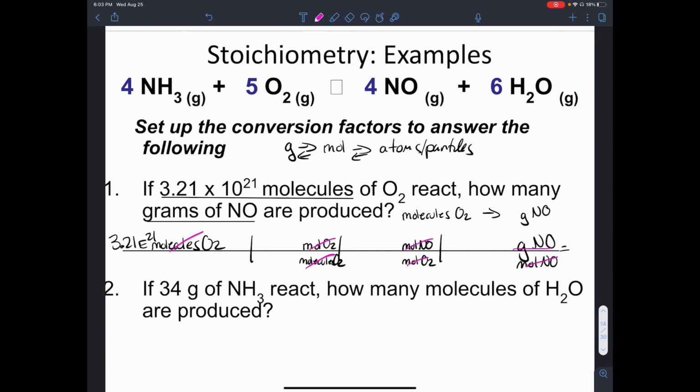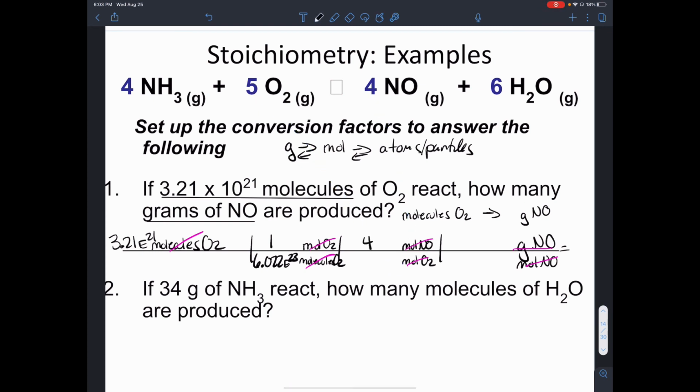Now, what numbers should I plug in? Well, do I know how many moles of oxygen is in a molecule of oxygen? Right, a mole is a grouping, and that group contains how many particles? Exactly. Now, do I know the ratio of moles of nitrogen monoxide to moles of oxygen? Yes, from the balanced equation. There are 4 nitrogen monoxide for every 5 oxygen.